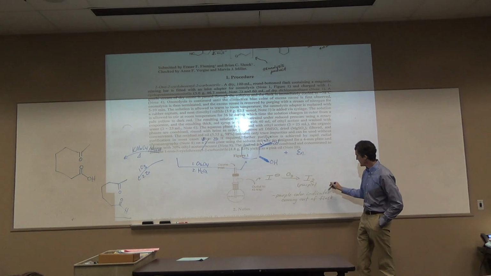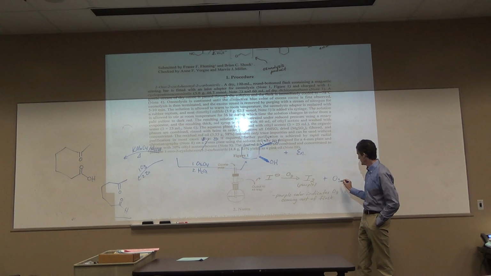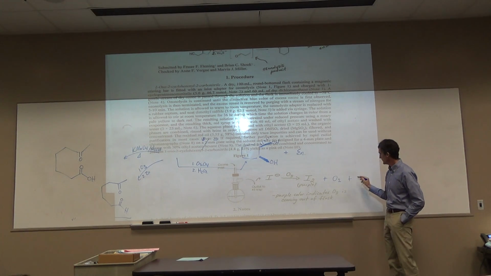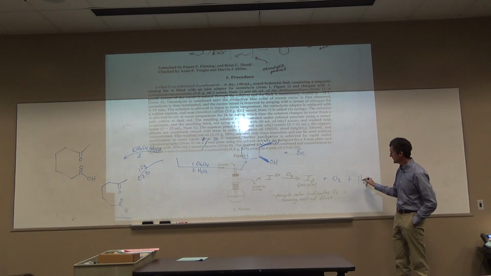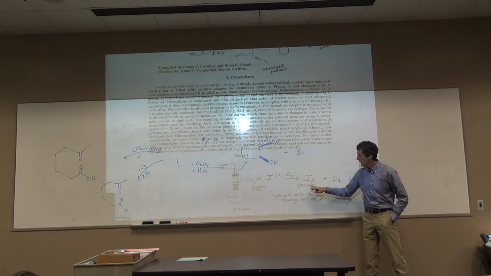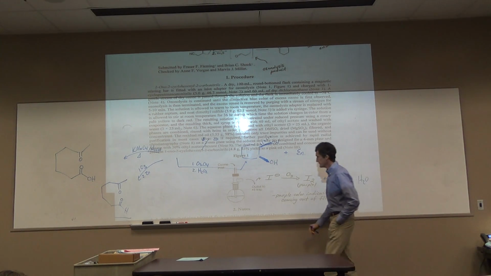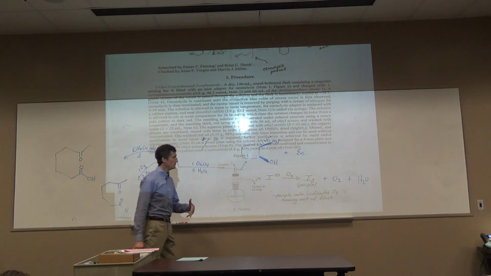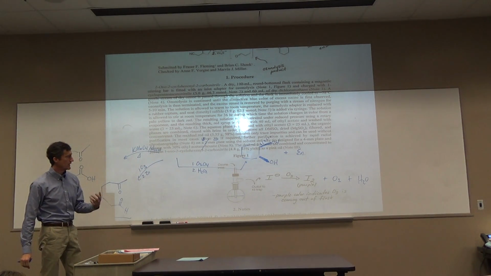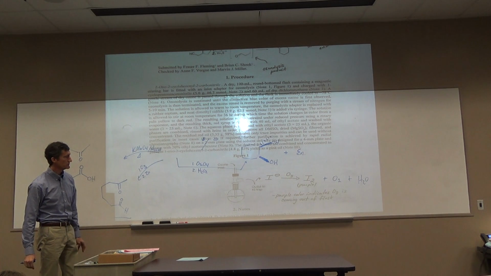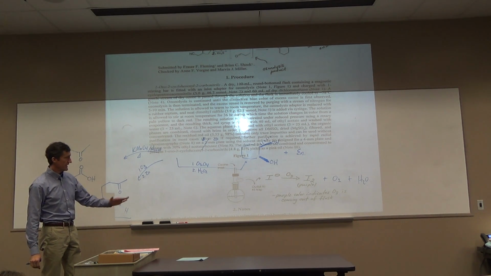I don't show the byproducts. This is probably just O2. And it's probably also water or something. I don't know what the fate is of the oxygen. And there's got to be some protons here, but it's also a way to sort of destroy the ozone as it's coming out of the reaction.